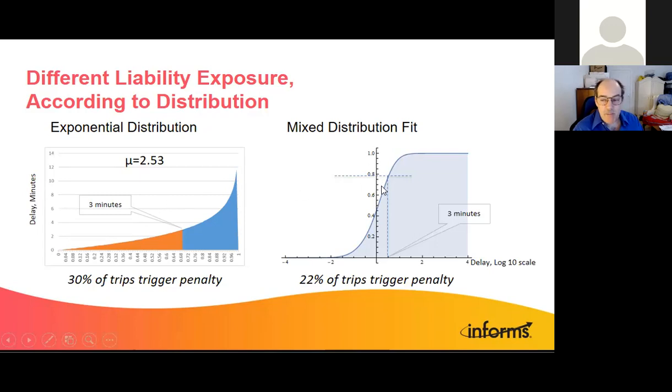So if we were budgeting for the expense of paying out these claims, my distribution would mean a budget that is 25% less than this distribution on the left if we assumed it's just exponential. So there's a huge potential cash difference in the budgeting and in the financial liability, depending on which of these two distributions you really believe are correct for these delays.